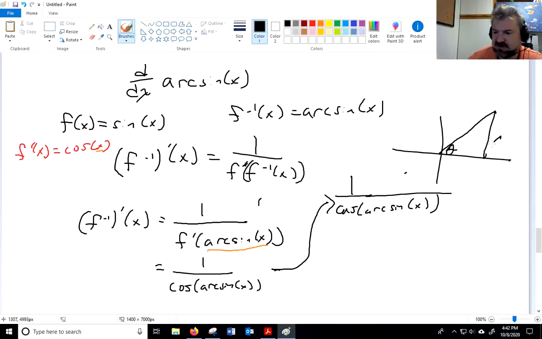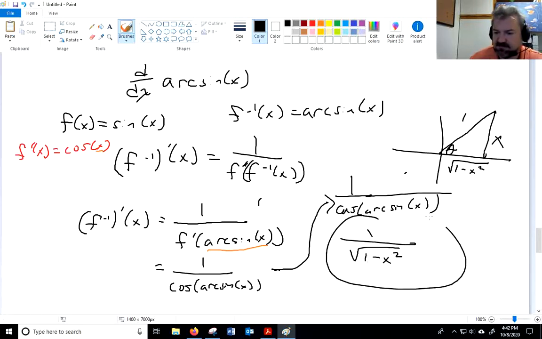The sine ratio is opposite over hypotenuse, and so this adjacent leg is the square root of 1 minus x squared. The cosine of that would be this over that. So it would be 1 over the square root of 1 minus x squared. So that is the derivative of f inverse prime of x, but we said f inverse was arcsine. So that must be the derivative of arcsine of x. And you can simply use the chain rule to get the general version of that.